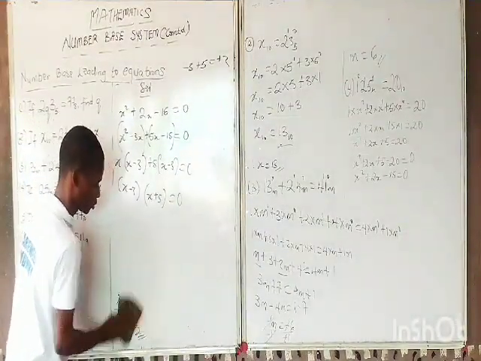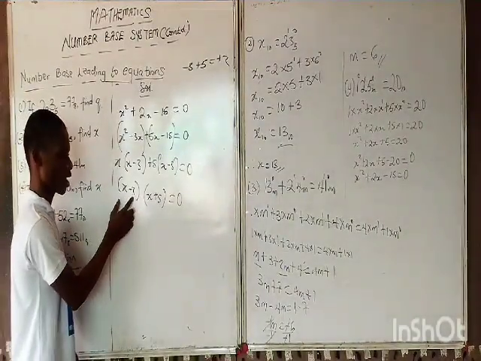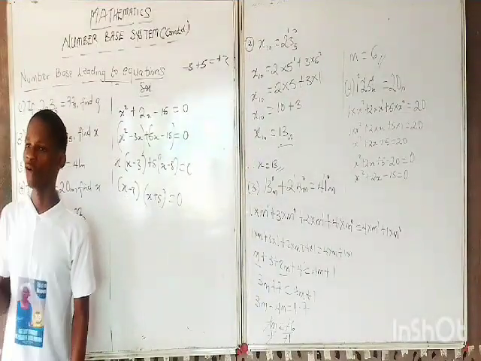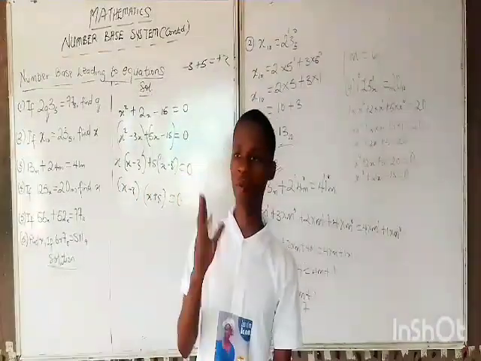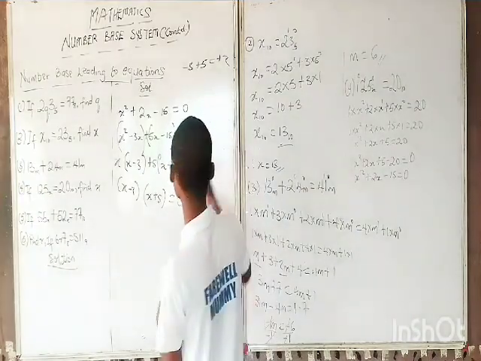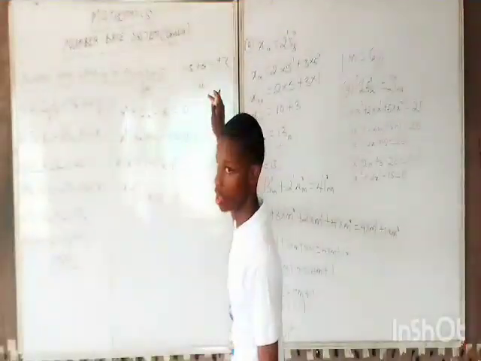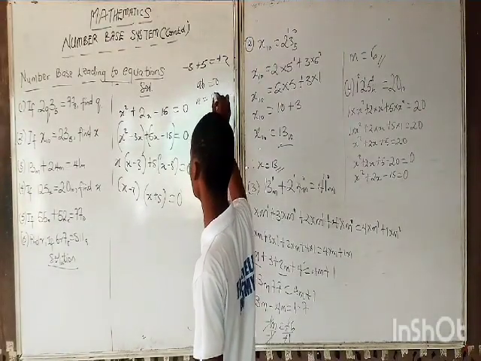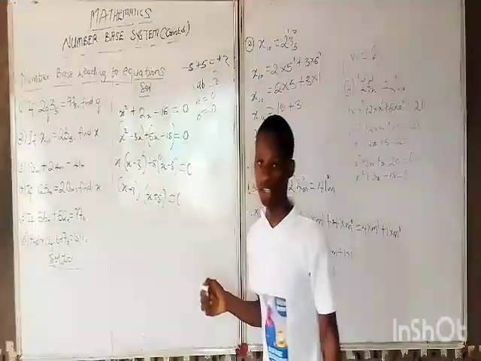Now this means s minus 3 in bracket times s plus 5 equals 0. Remember that for the product of two numbers to be 0, it means that either one of them is equal to 0. If a times b equals 0, it means either a is equal to 0 or b is equal to 0 for this statement to be true.